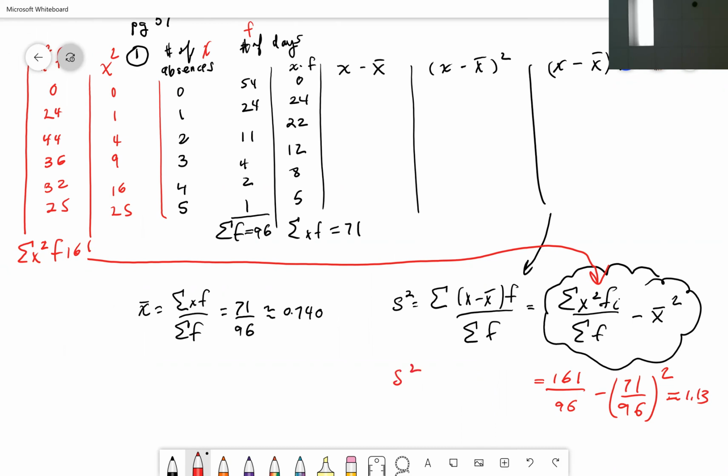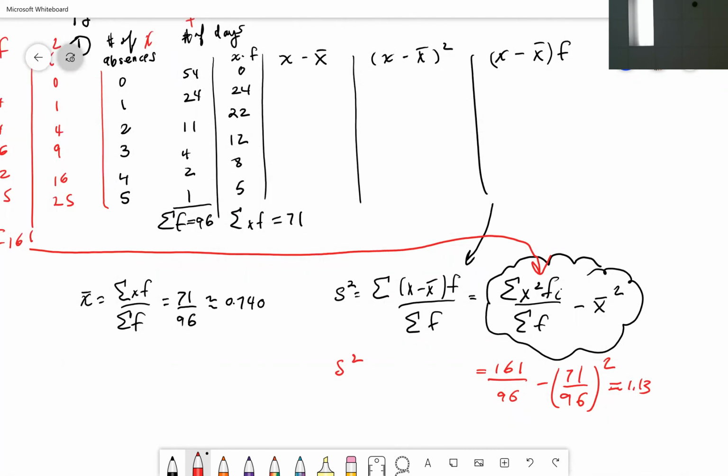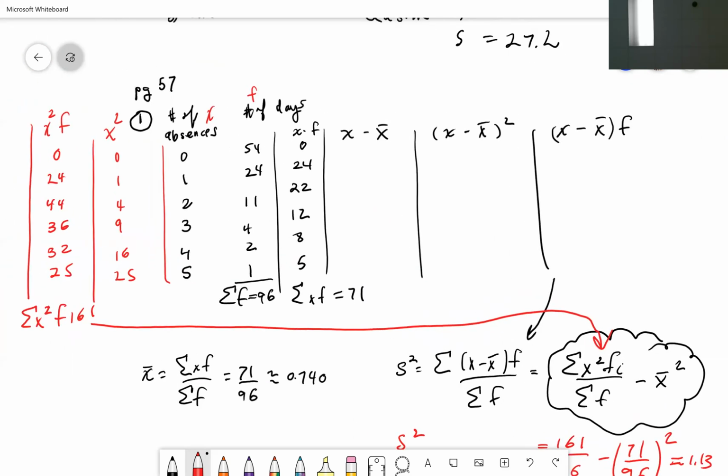Now, you could have done it another way. Here's the problem: it gets cumbersome, and I don't feel like doing it the other way because there's a lot of rounding here. But you would just take this x here and subtract the mean.